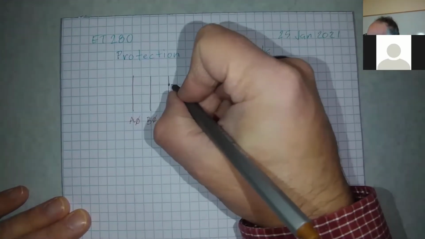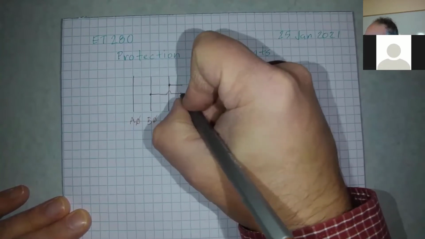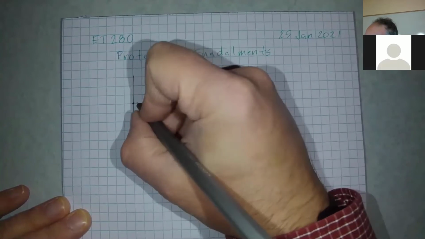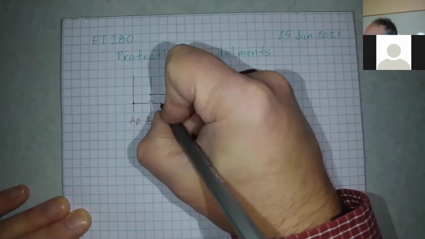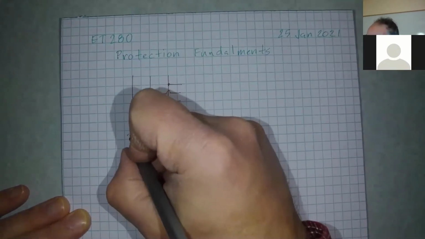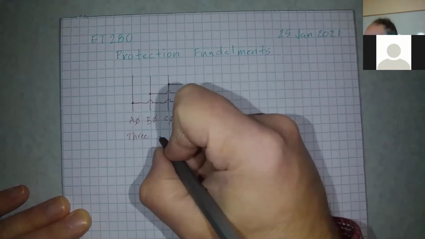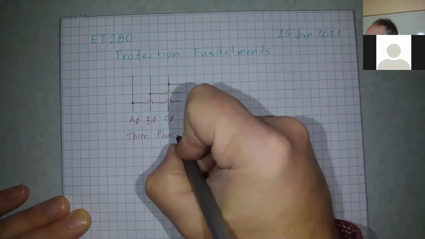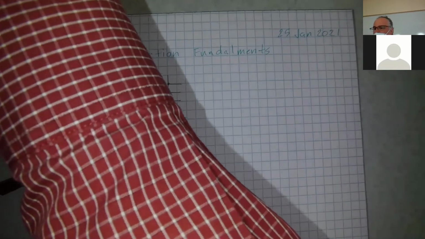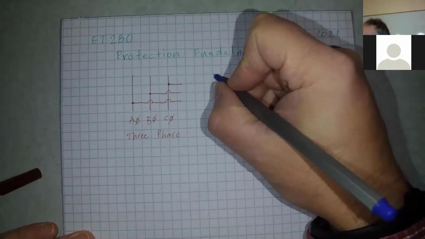And we can have connections there. Okay, so this is a three-line drawing. And we can represent that as just one line.